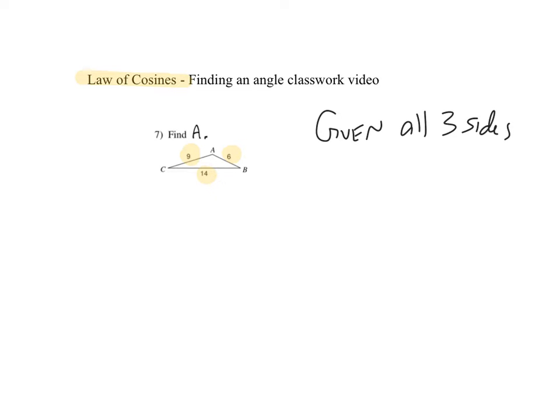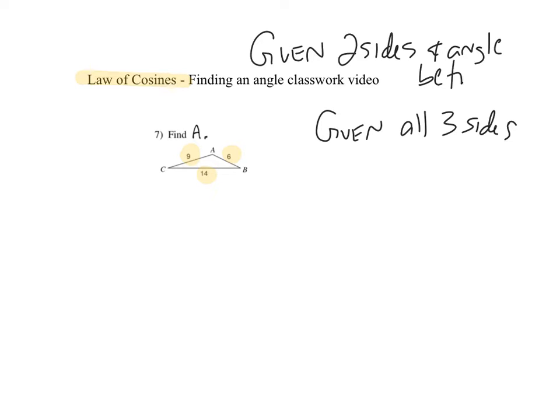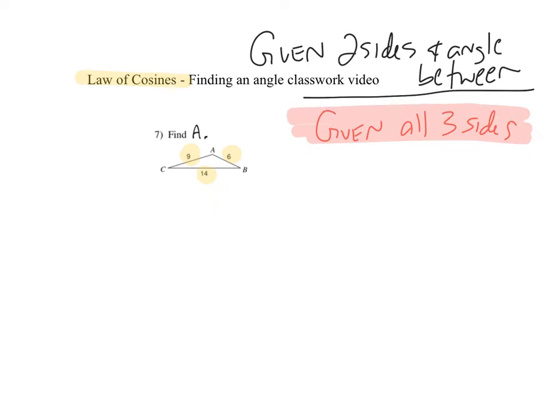That's one of the two cases when you use the law of cosines, when you're given all three sides. The other case is if you are given two sides and the angle between. So those are the two cases for which you use the law of cosines. But here we're going to look at the law of cosines when you're given all three sides.